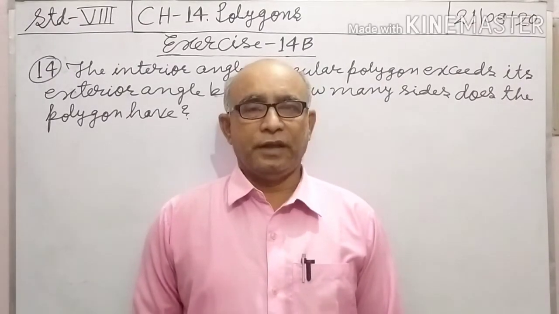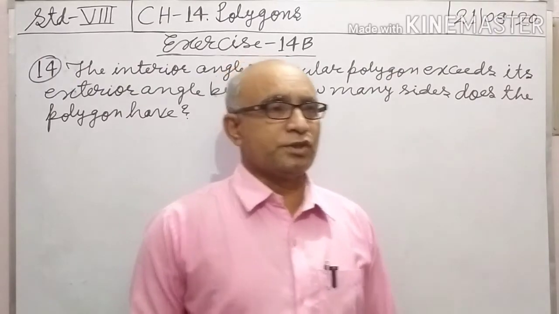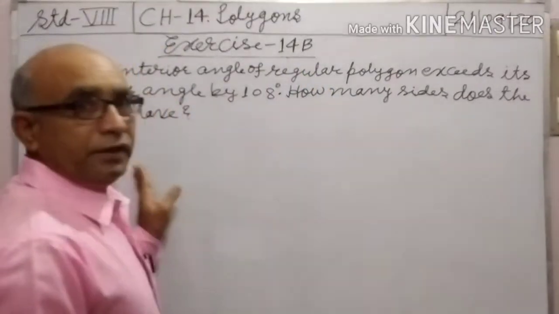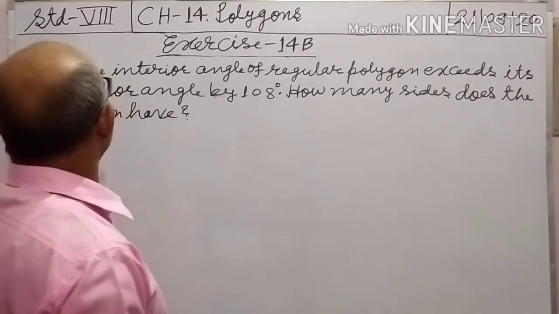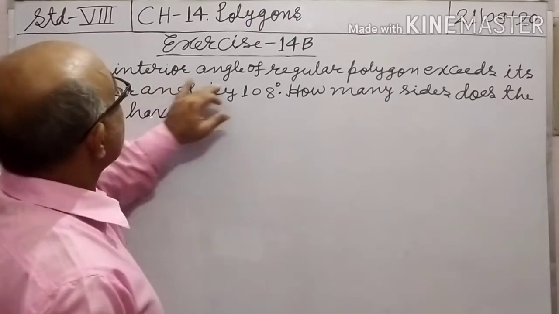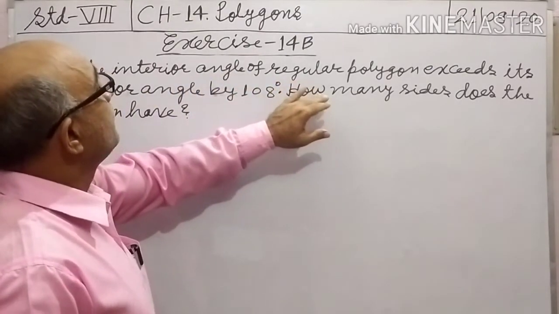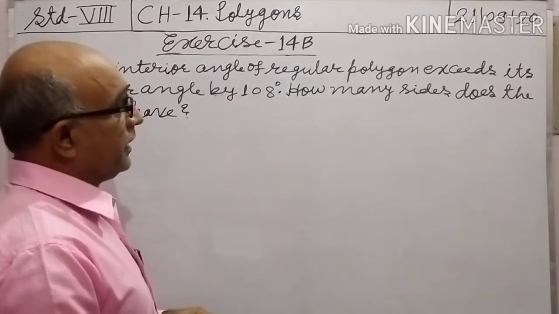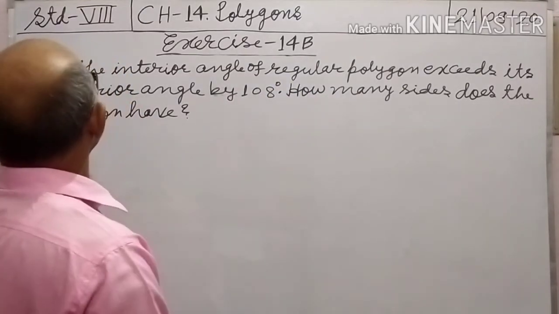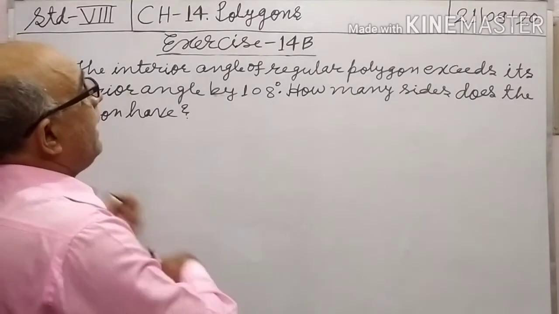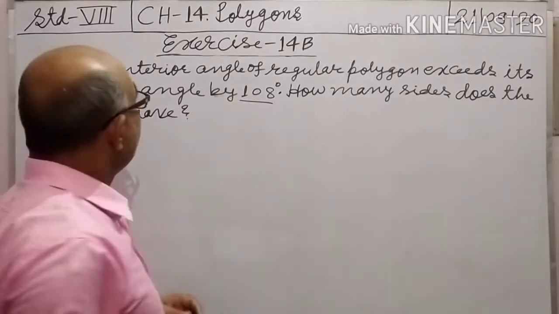Students, next question is question number 14. It is last question also. The interior angle of a regular polygon exceeds its exterior angle by 108 degree.